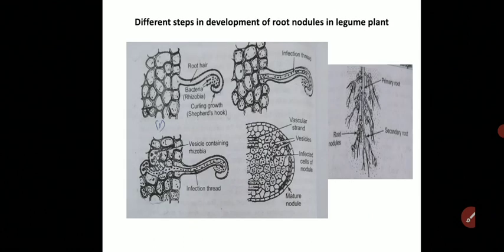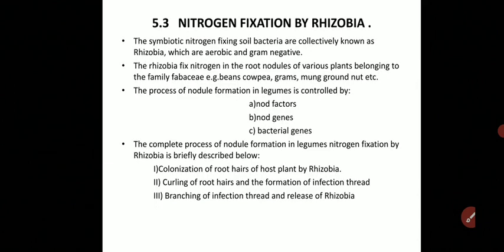Before that, the process of nodule formation is controlled by three factors. The first factor is the nod factor, second is the nod gene, and third is the bacterial gene. So let's see the complete process of nodule formation in legumes, nitrogen fixation by rhizobia, in detail.